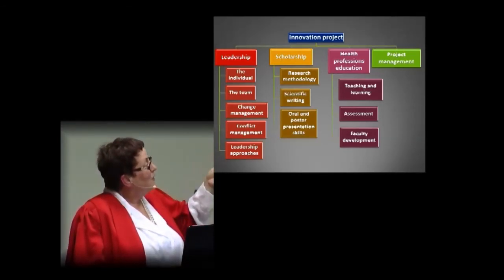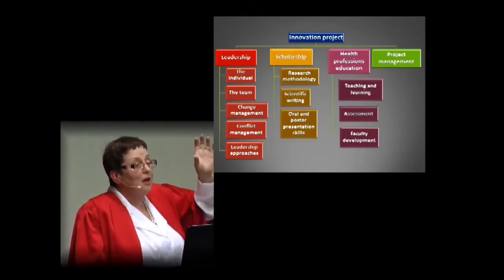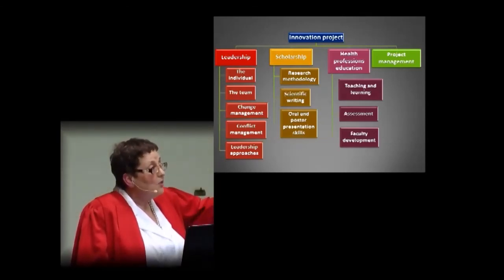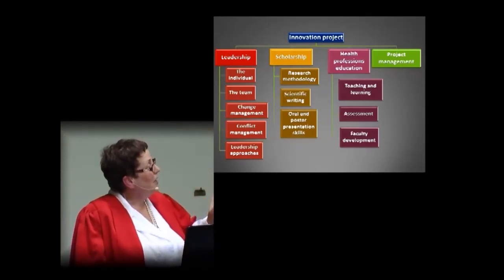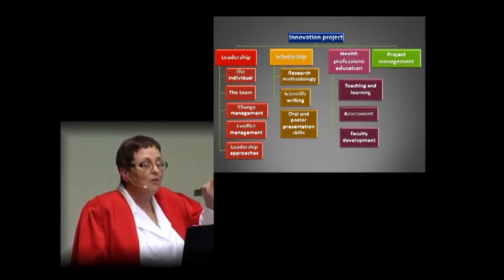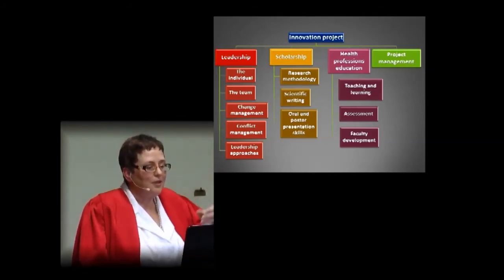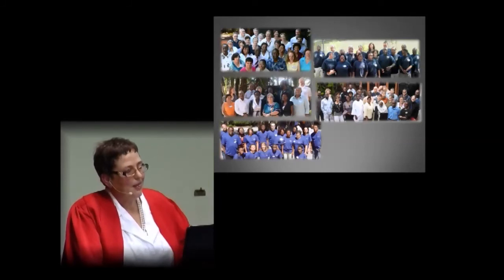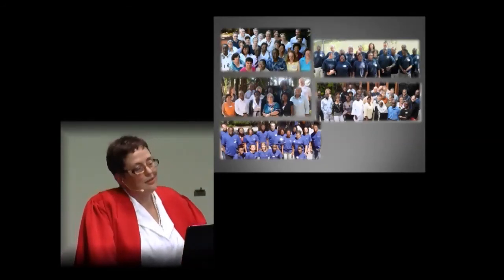And in this fellowship, it is focused around an innovation intervention in education that they do at their home institutions. And everything that they learn in the fellowship is focused on equipping them to successfully implement that project. And to date, we've reached 77 fellows from 15 countries and 7 professions in Africa.